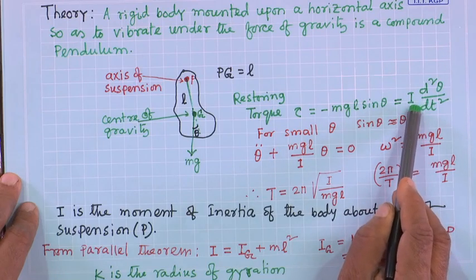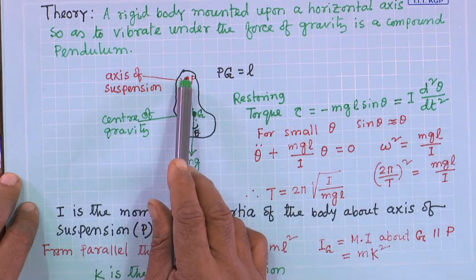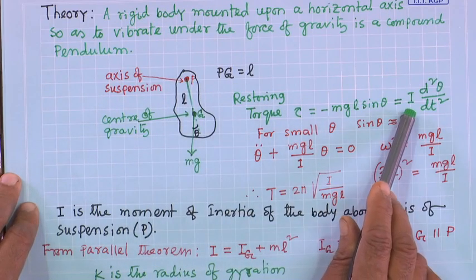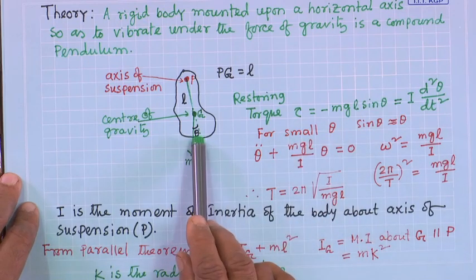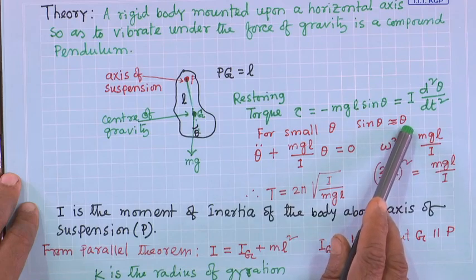So, this I is basically the moment of inertia of this body with respect to the horizontal axis passing through P. For small angle theta, one can write sin theta is approximately equal to theta.